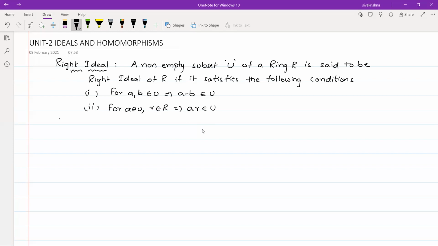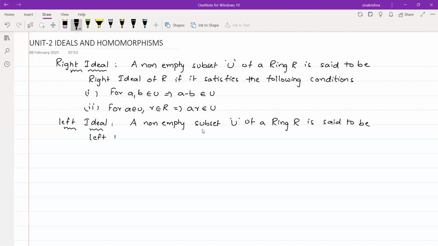So immediately I am defining left ideal. So once again, a non-empty subset capital U of a ring capital R is said to be left ideal of capital R if it satisfies the following conditions.